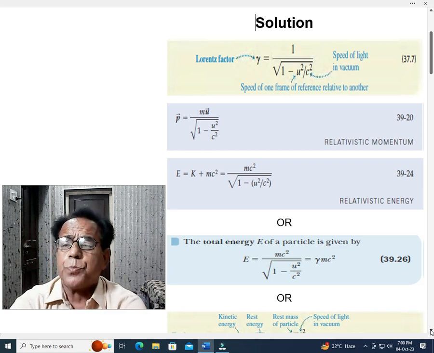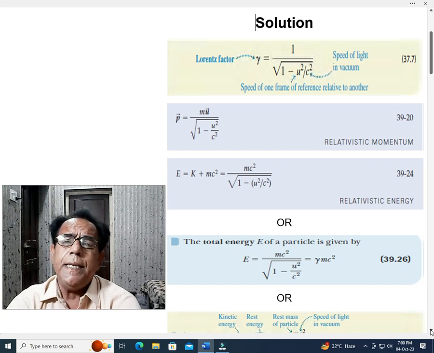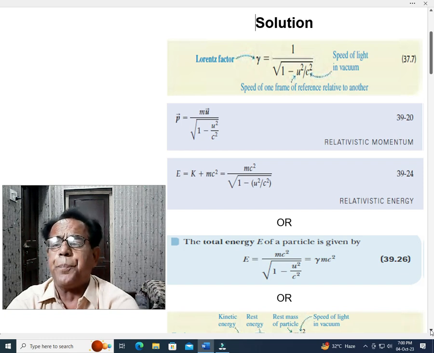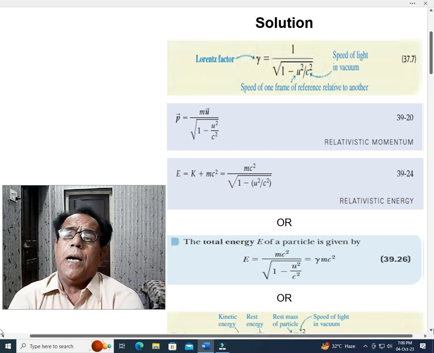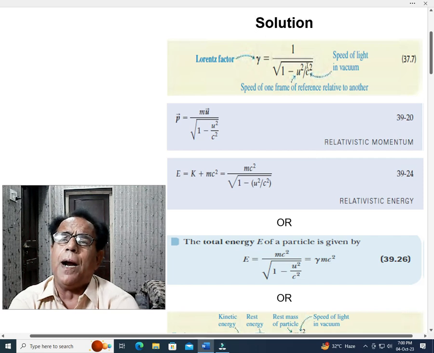Okay. Third snapshot, relativistic energy E is equal to K plus mc². This alternatively becomes equal to mc² over under root 1 minus u² over c². Okay. Our part A will be solved in accordance with the yellow color snapshot.